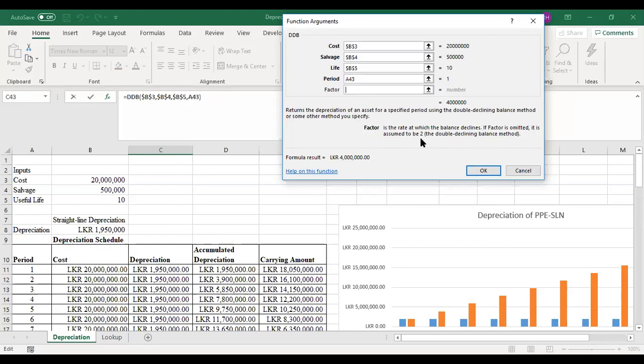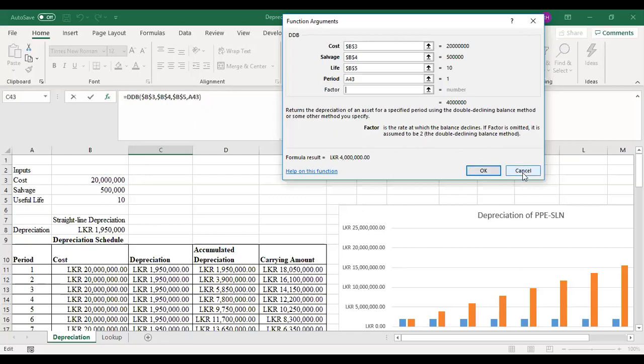It simply doubles the rate you had made use of in the straight line method. In the straight line method, you had made use of a particular rate. In the double declining balance, it would double that particular rate. Since it is a reducing balance method, they would always apply the carrying amount to that particular rate, right?